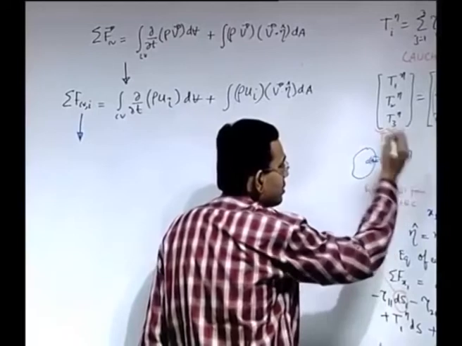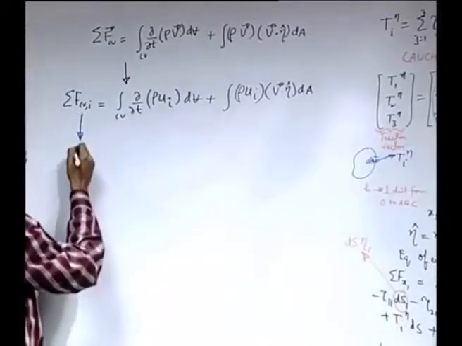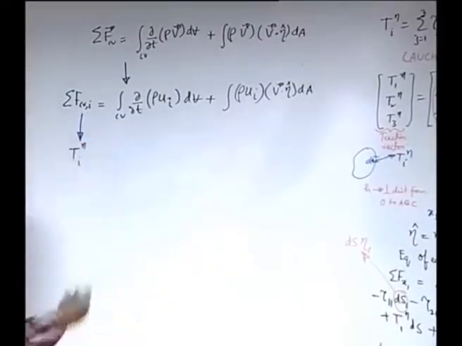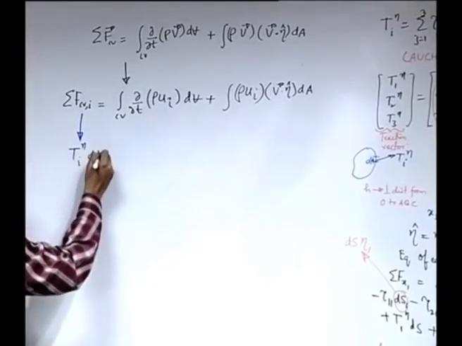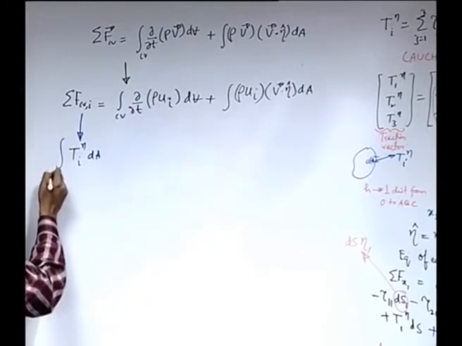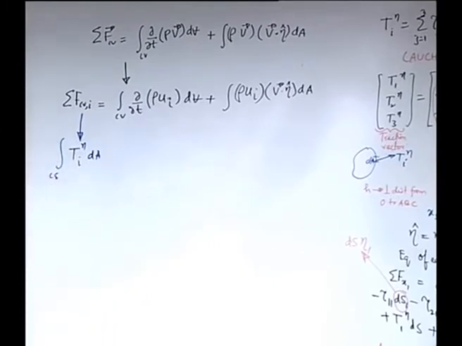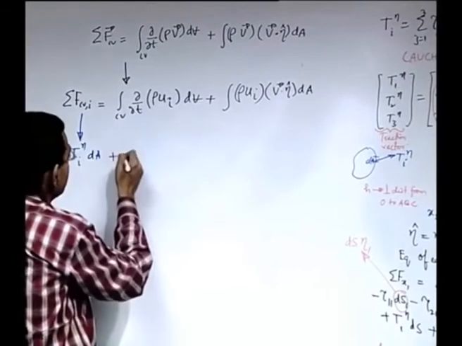So, its traction component along i is Ti with superscript eta, and that is per unit area. So, the integral of this over the control surface plus the body force.